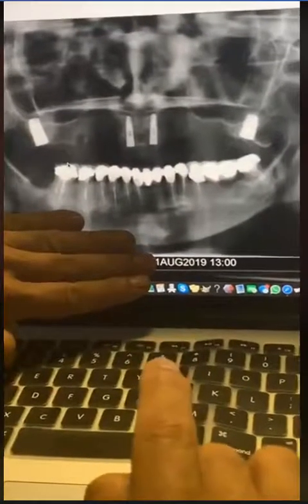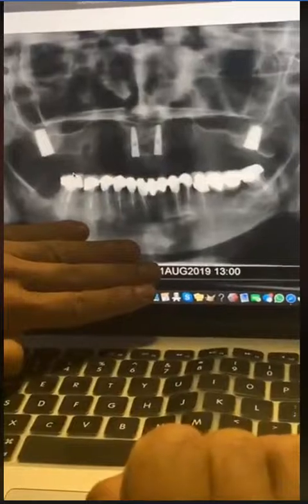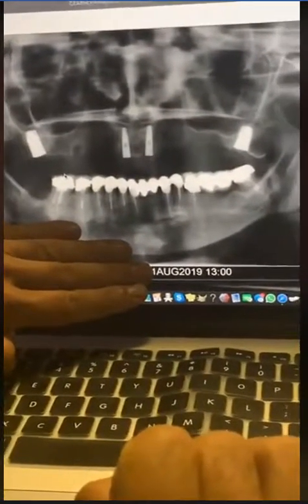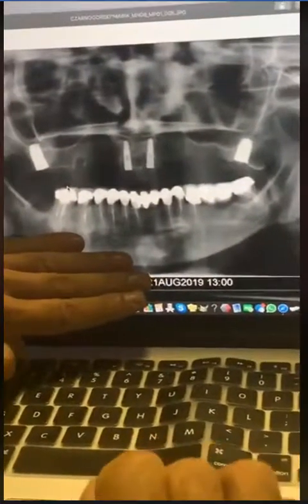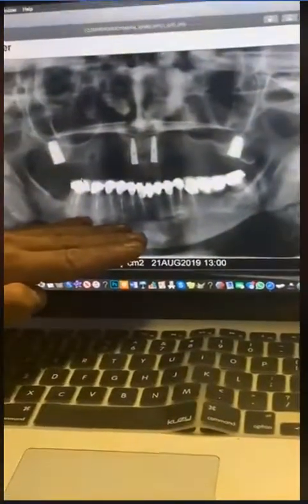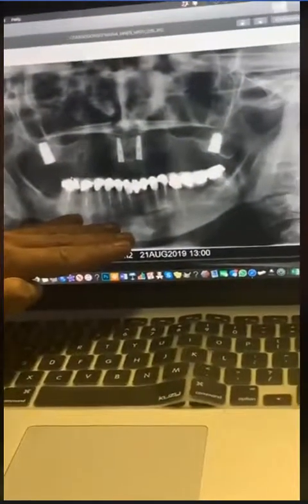If you're not as parallel, what happens is those plastic washers in the locator wear out very, very quickly, and the patient comes back with a denture that's not very stable. And then you wonder to yourself, why is this happening? The reason is that the implants are not parallel, so those washers wear out much, much faster.